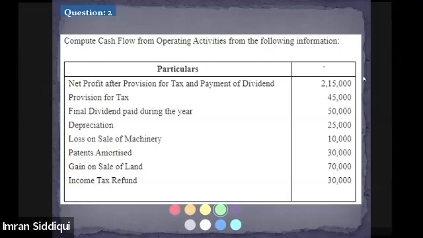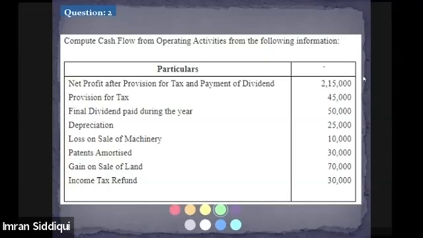Final dividend paid during the year is 50,000. So the difference between this 45,000 and final dividend is 50,000. Okay.